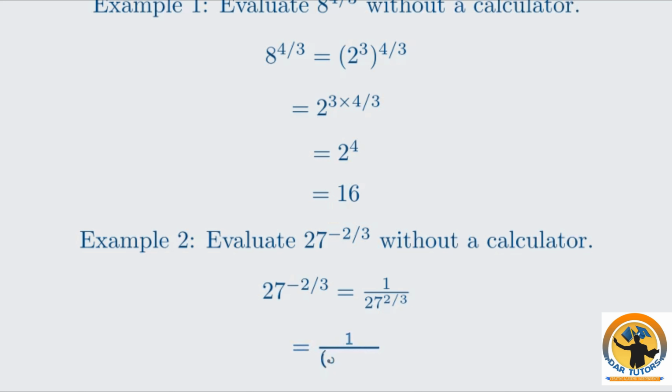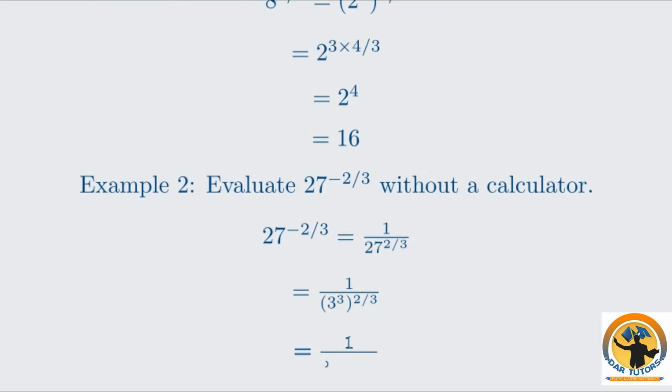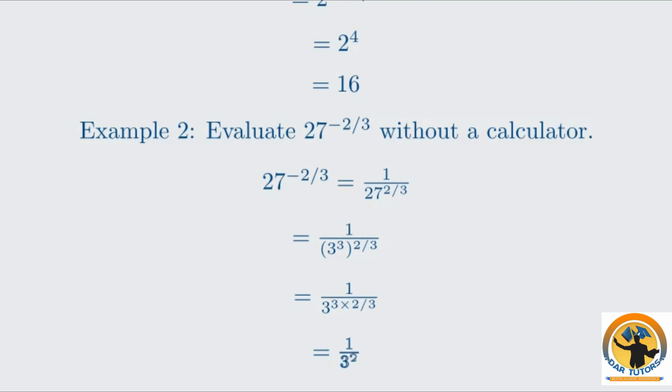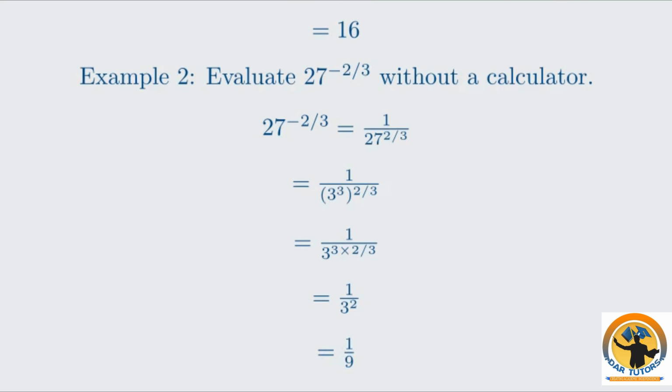We need to find the cube root of 27. We can rewrite 27 as 3 cubed. The expression becomes 1 over 3 cubed, all raised to the power of 2/3. Again, we use the power of a power law and multiply the exponents. 3 times 2/3 is 2, so we have 1 over 3 squared, which is 1 over 9. The value of 27 to the power of negative 2/3 is 1/9.